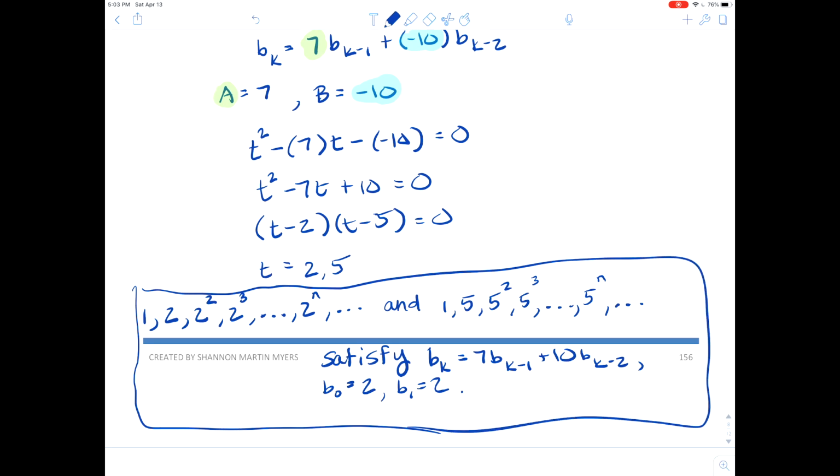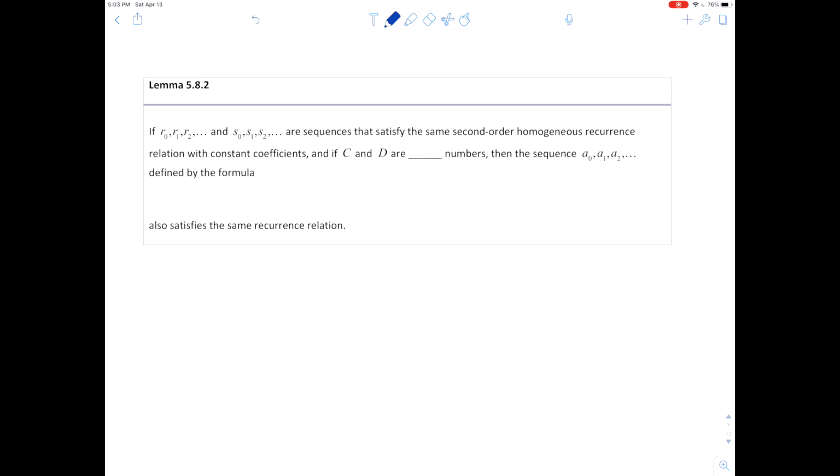All right, so next up, we've got this lemma here.